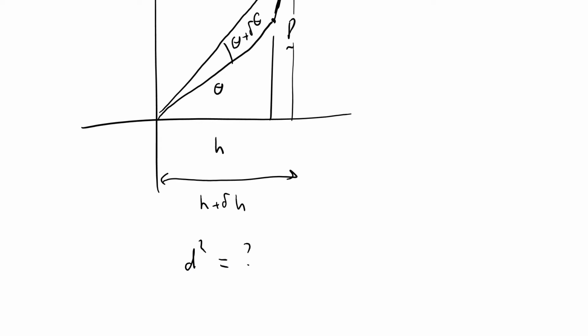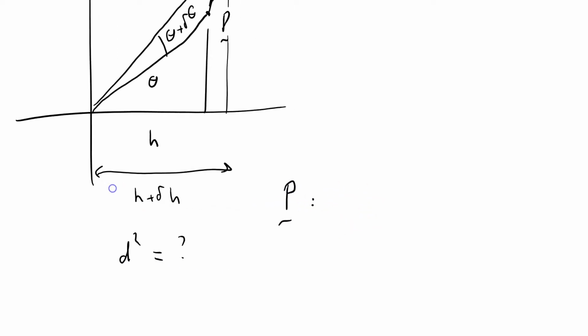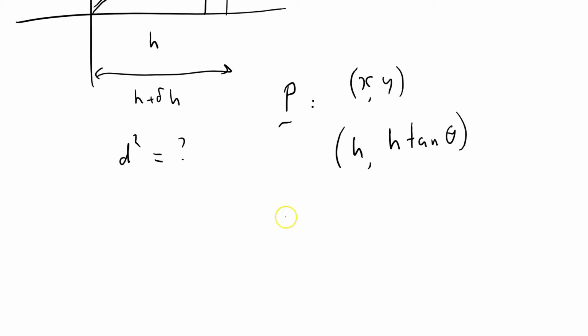Well, point P in Cartesian system is just x comma y, which is h and h tan theta. P dash is just h plus delta h.